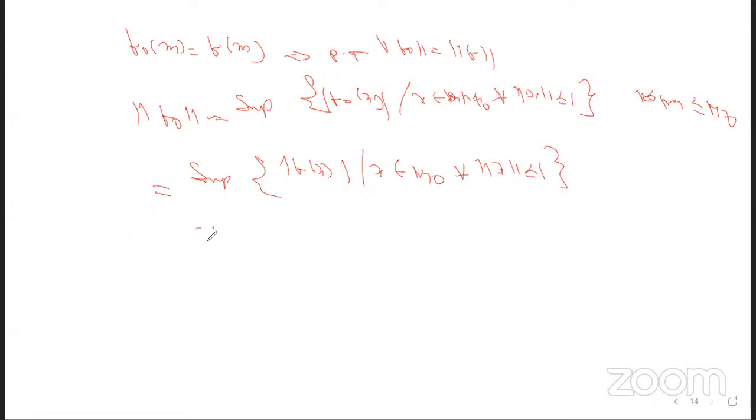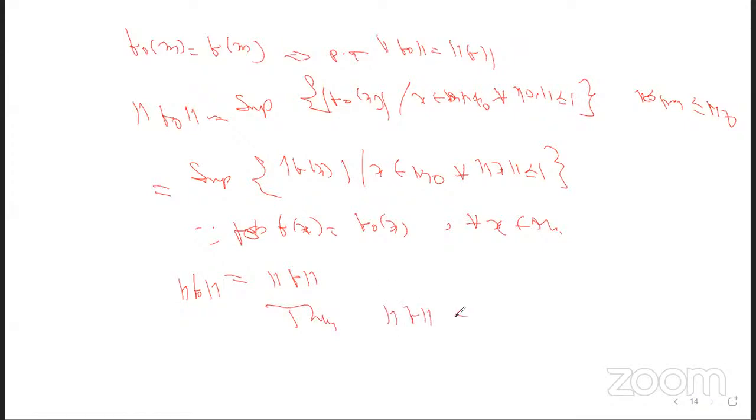So since F of x equals F0 of x for all x belongs to M, that is less than or equal to norm of F0. Thus norm of F is less than or equal to norm of F0.